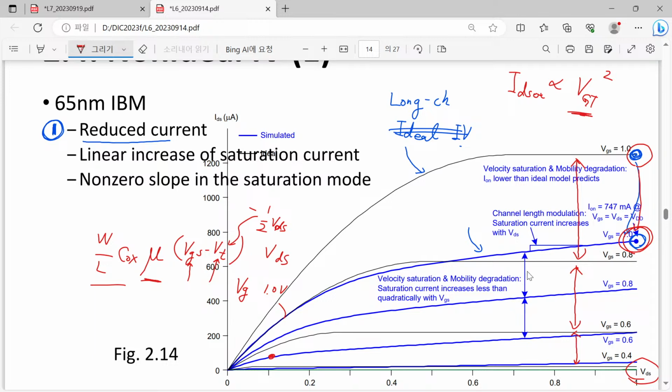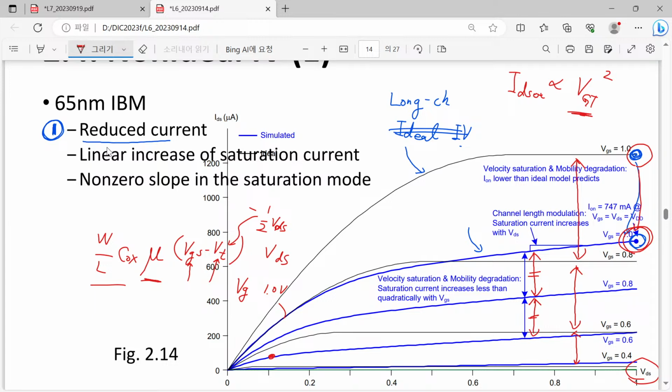However, in the short channel case, you can find that the difference of your drain current due to the change of your gate voltage is somewhat similar between two different gate voltages. So why do we have this?